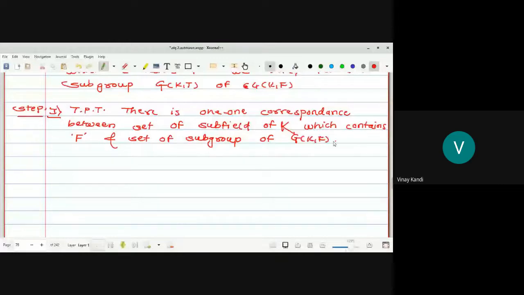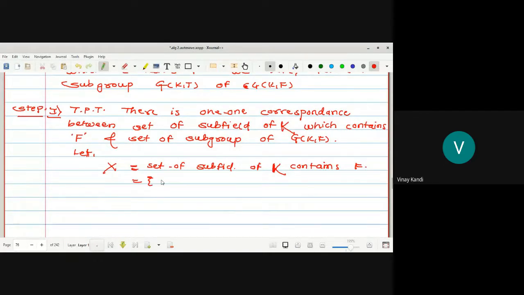Okay, now write down. Let X be the set of subfields of capital K containing F. Suppose T is such that T is a subfield of capital K and F is contained in T. And what is set Y?